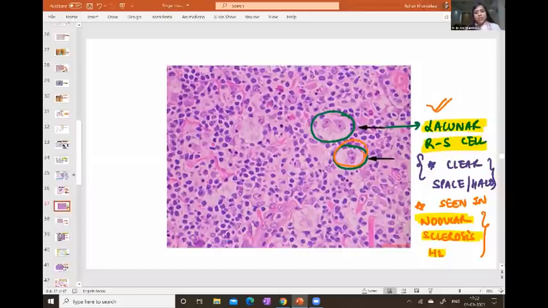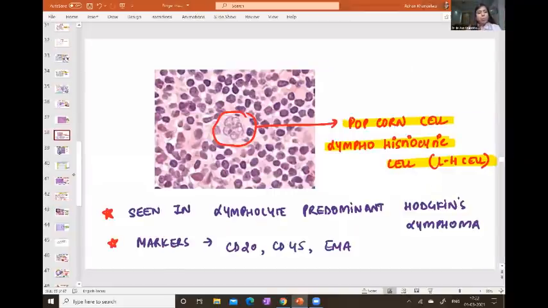Okay, in this image, can you people see that this cell on lymph node biopsy in the center looks like a popcorn, right? It's my favorite story to tell the students that we pathologists are very foodie. We are very fond of food items, right? So whenever I see a slide, I start imagining various food items in my mind.